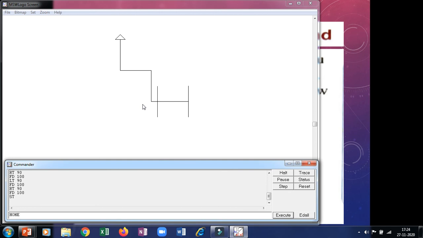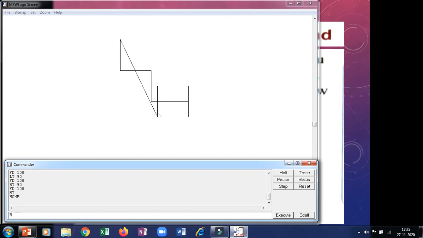Let us see. HOME is typed, press the enter key. See, it has reached its home and it has drawn the line. So wherever it goes it will draw the line. Let's take an example.